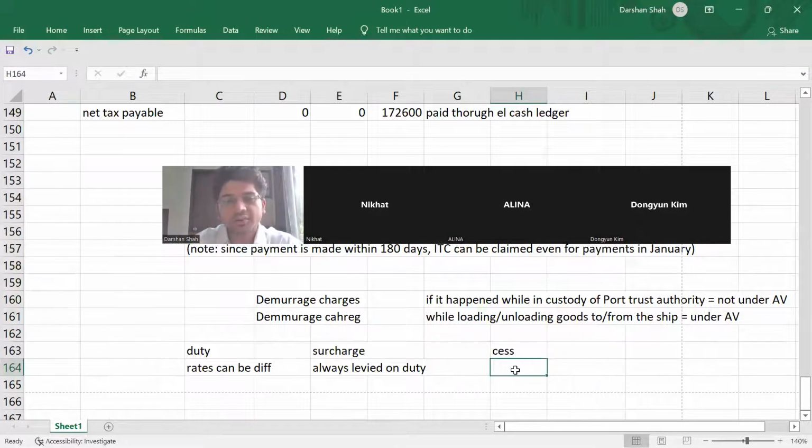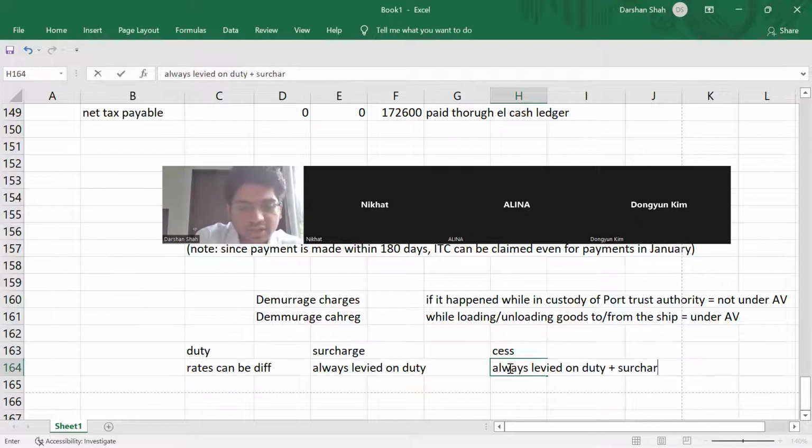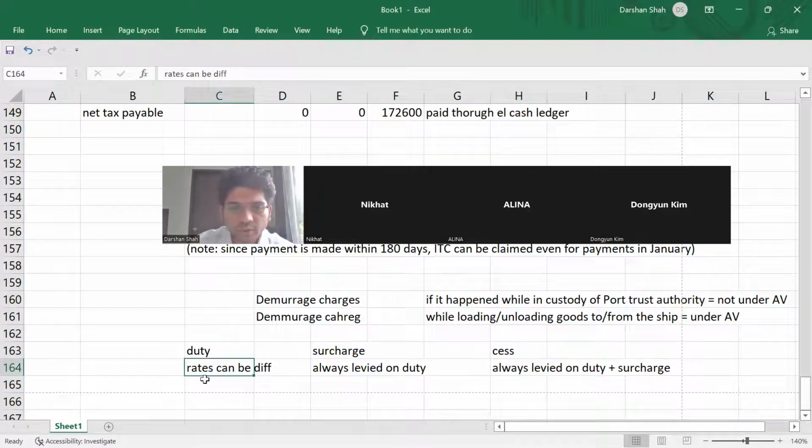Government is making all this information available to you, what comes under assessable value, what is the warehousing concept. So for that, you have to pay education cess, which is always levied on duty plus surcharge. Okay. So these two are always levied. And duty will be dependent upon the situation.